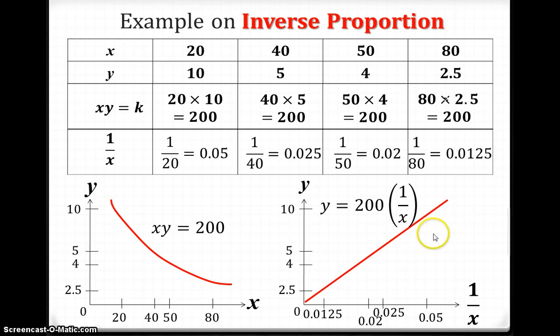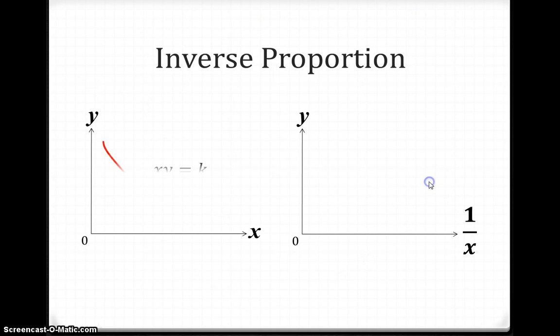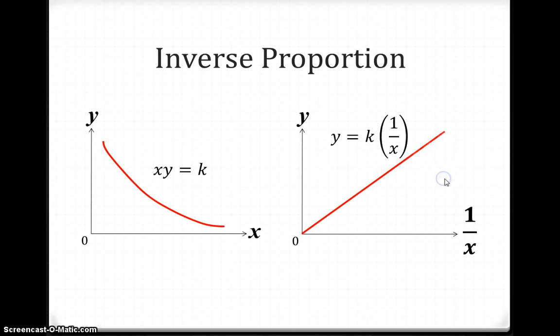It's just an interesting fact. Don't need to worry whether you understand this or not. But to remember, for inverse proportion, the curve is always a curve going down that looks like a C, and the equation is xy equal to k. Let's move on. The thing to note is it is against 1 over x.